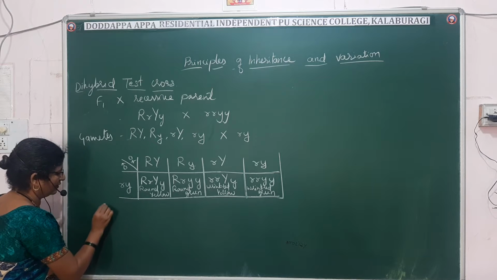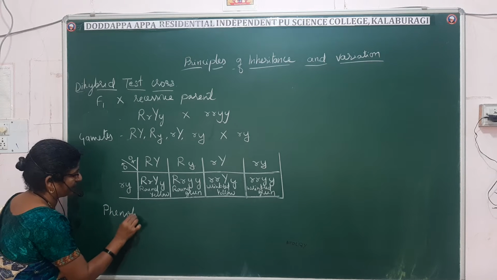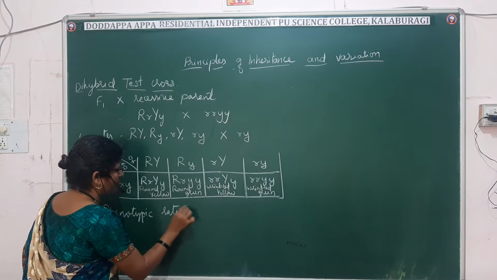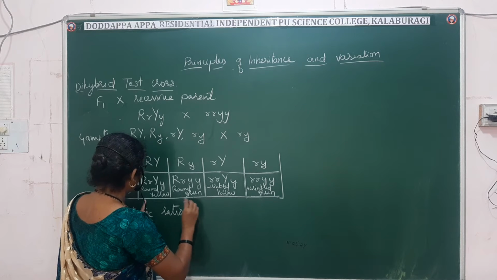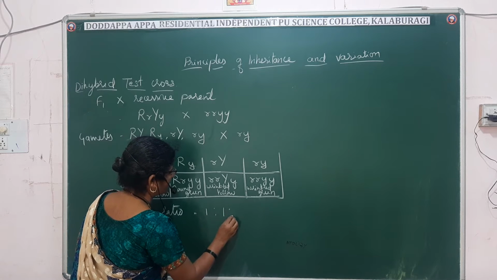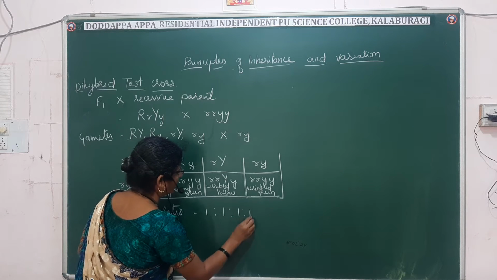Let me write the phenotypic ratio. Phenotypic ratio. So here you will get 1:1:1:1.